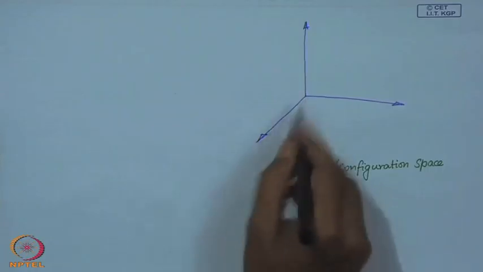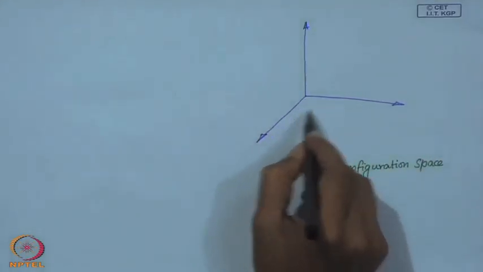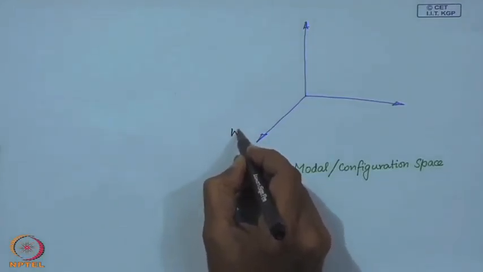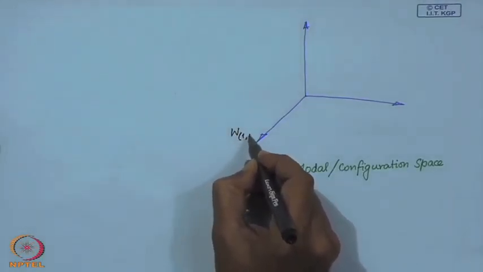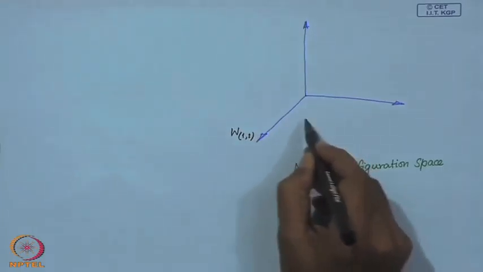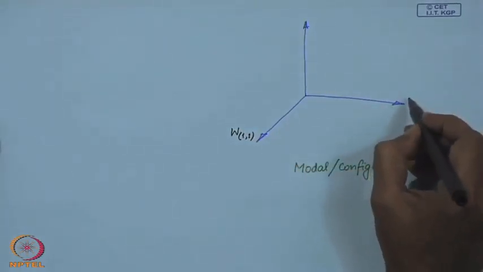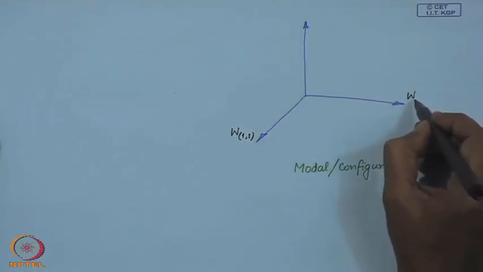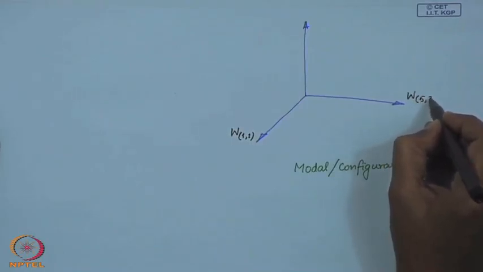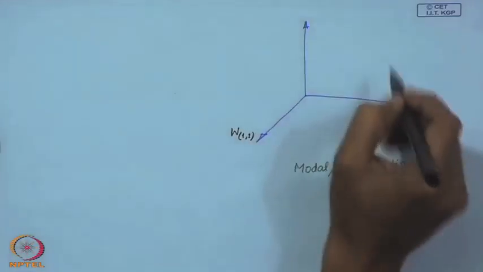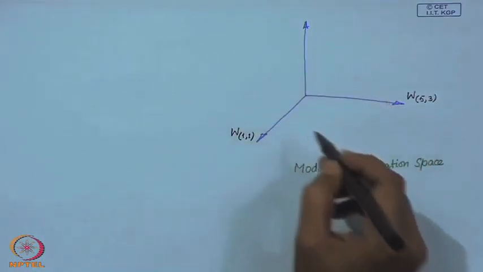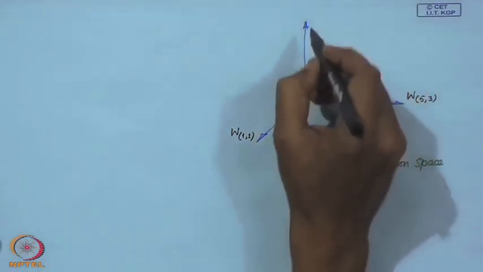So, the axes, which I have drawn perpendicular to depict orthogonality. So, for example, this is let us say W 1 1, and then let us take the example that we have just now considered. This is W 5 3, and again there are many such axes which are orthogonal to one another. I am only drawing 3 and you have to stretch your imagination a little bit.